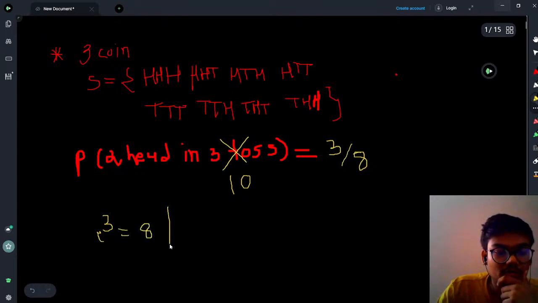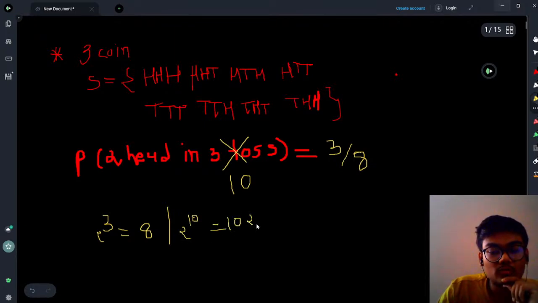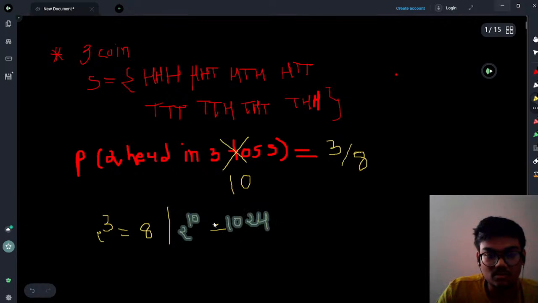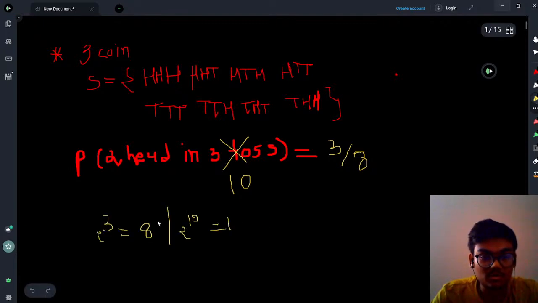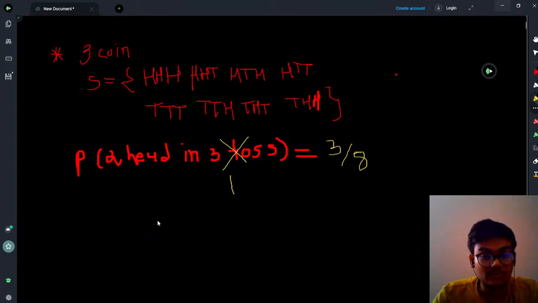Now for 10 coins, we get 2 raised to 10, meaning 1024 total outputs. From that I'll find 2 heads, and that's a very simple process, you know that. No, it's not simple, it's a very complicated process. So how to solve this kind of question, in which we have to deal with a large number of experiments?